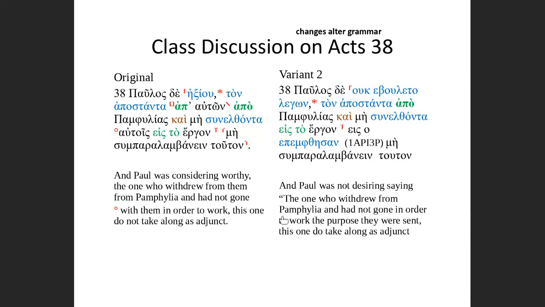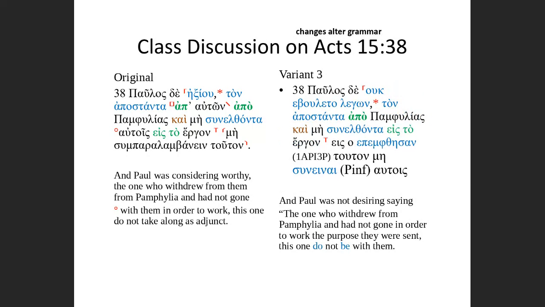Notice here we've taken out the utois. So Paul was not desiring, saying the one who withdraw from Pantheon had not gone in order to work the purpose they were sent. This one do not take along as an adjunct.